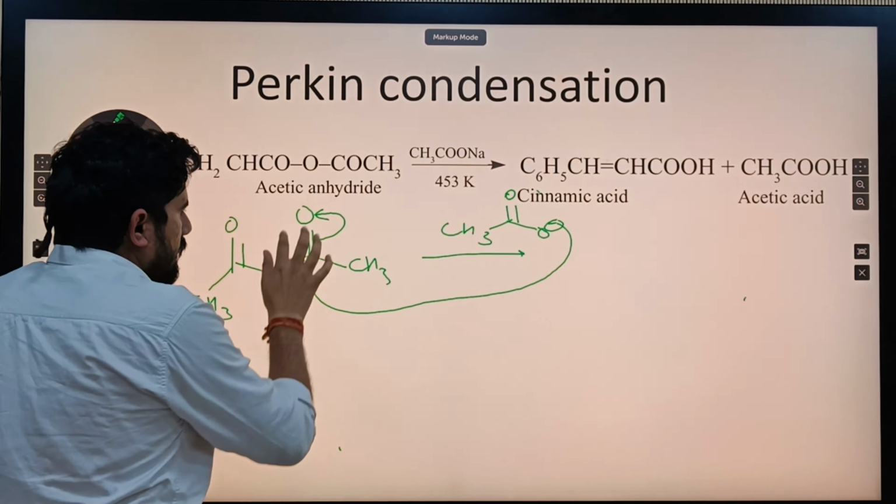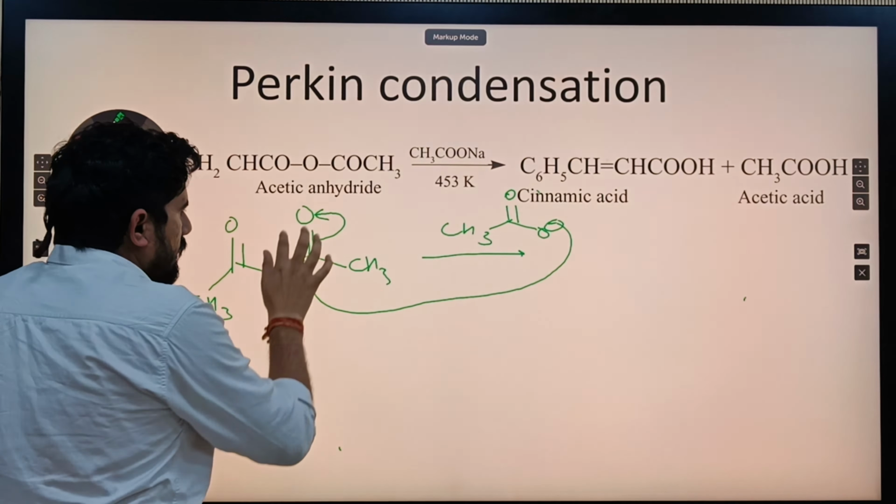There is no benefit if the reagent acts as a nucleophile. So let's see if the reagent acts as a base. This negative charge abstracts the proton from the most acidic site.